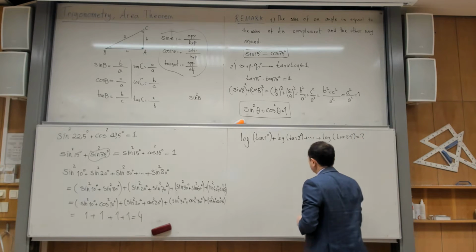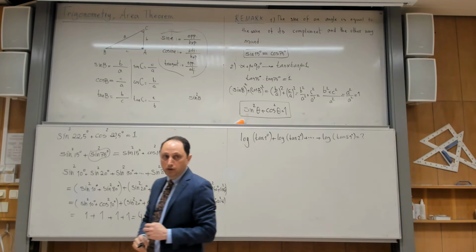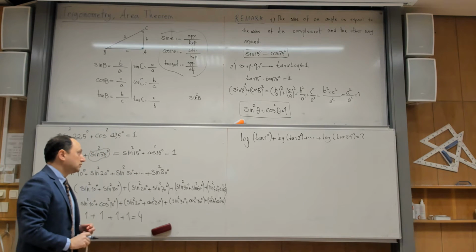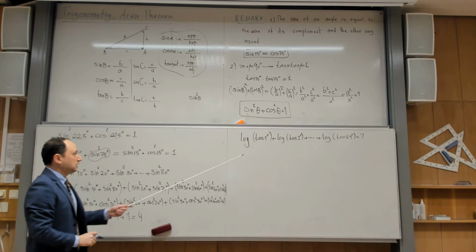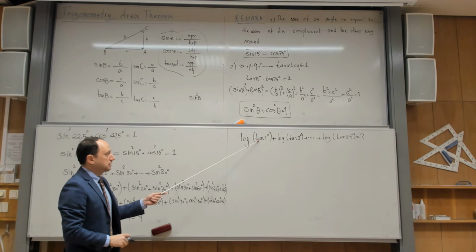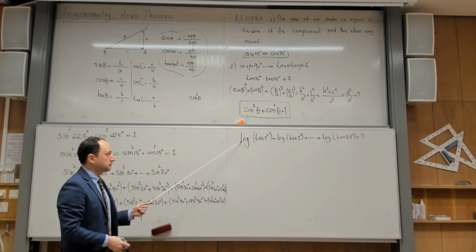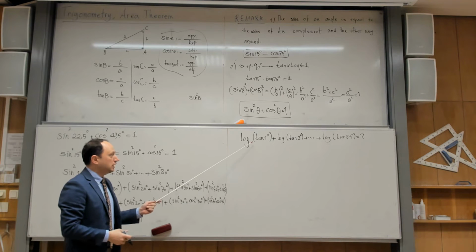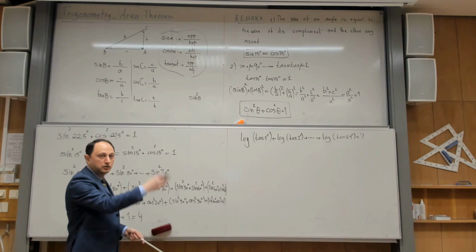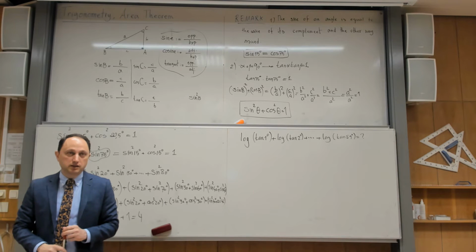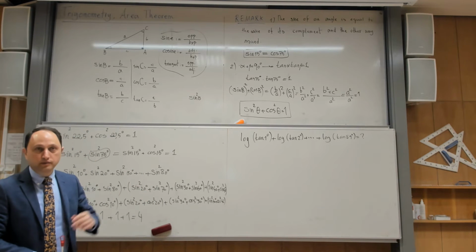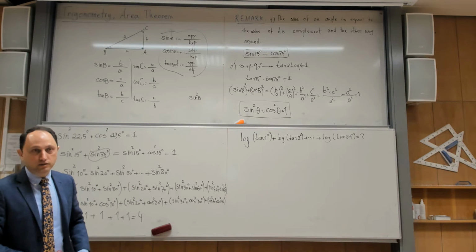What is this answer? So what does it mean? I have 1 degree, I take the tangent of 1 degree, it becomes a number. I take its logarithm, in the base 10 of course. I do the same thing for tangent of 2 and I continue this list until tangent of 89 and I start adding them up. So what will be the answer then?